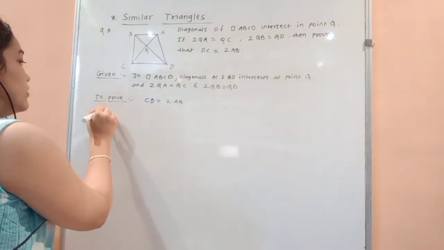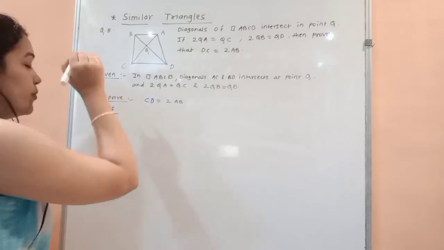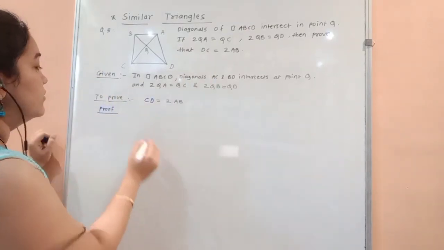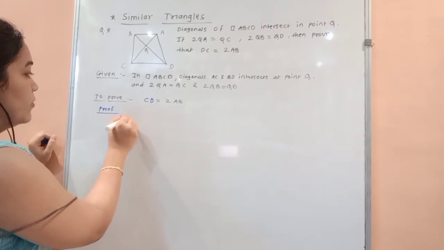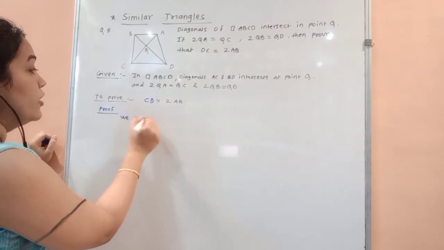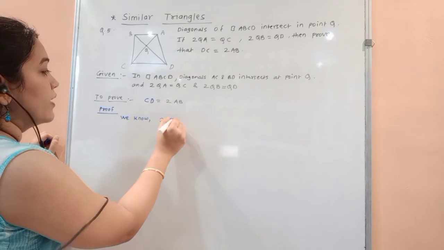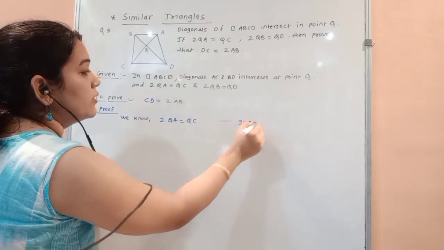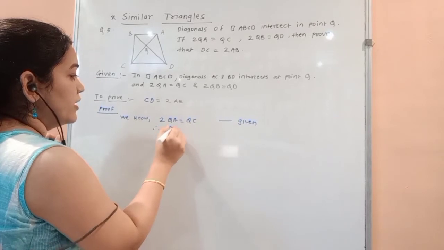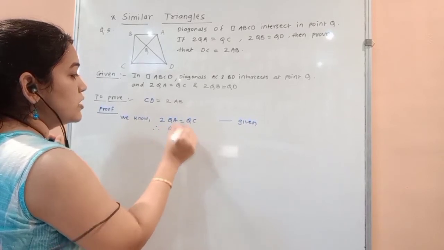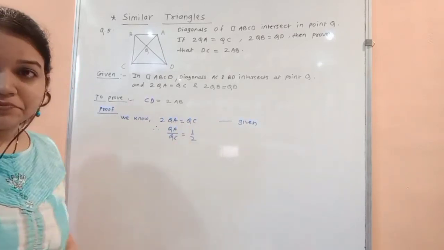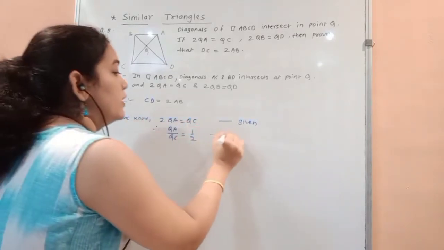Now start our proof. What things are given? See, 2QA is equal to QC, that is given. Therefore I can write QA upon QC is equal to 1/2. Yes or no? Number it as equation 1.